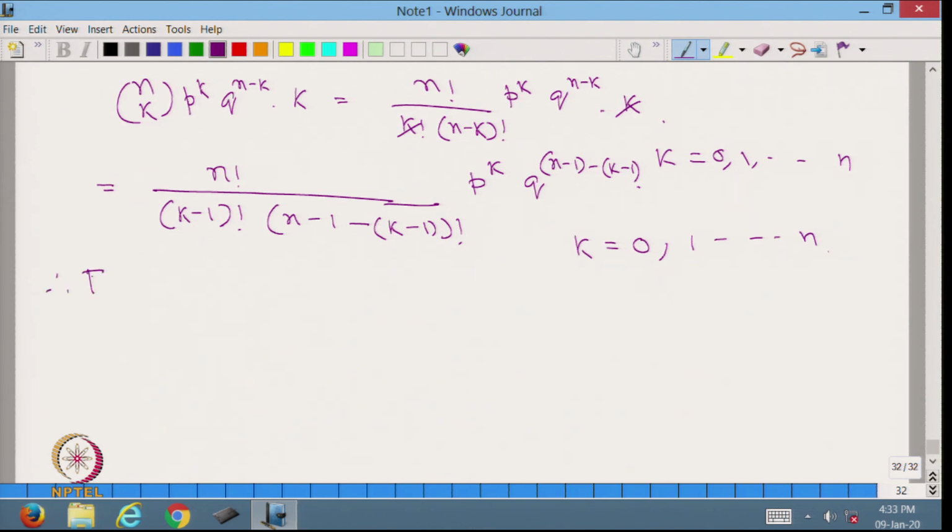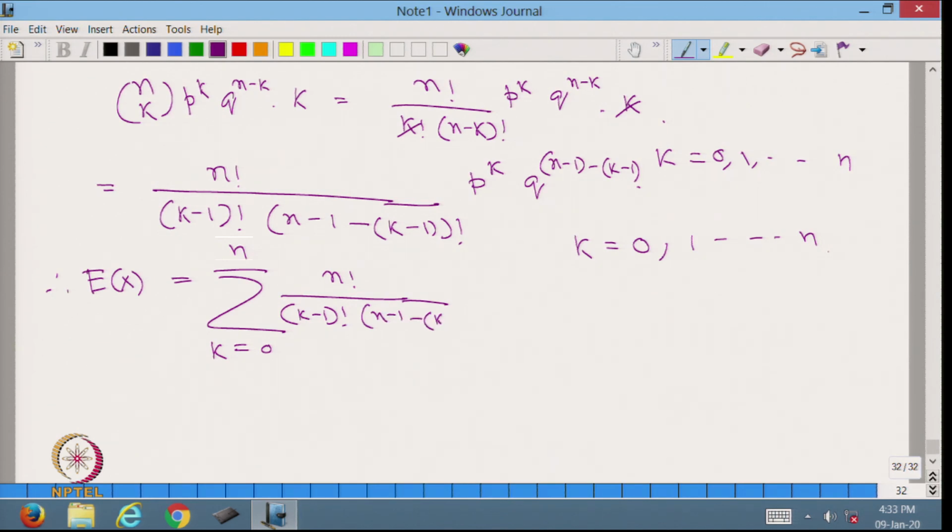Therefore, expected value of x is equal to sigma k is equal to 0 to n, n factorial upon k minus 1 factorial n minus 1 minus k minus 1 factorial p to the power k q to the power n minus 1 minus k minus 1.